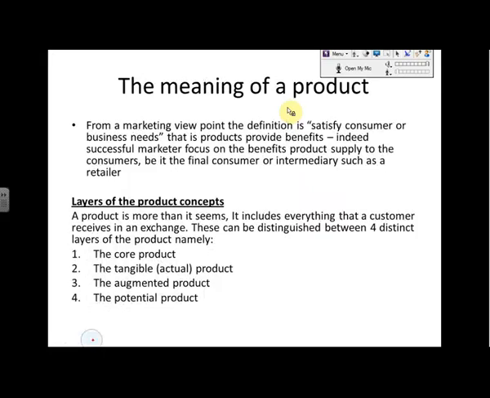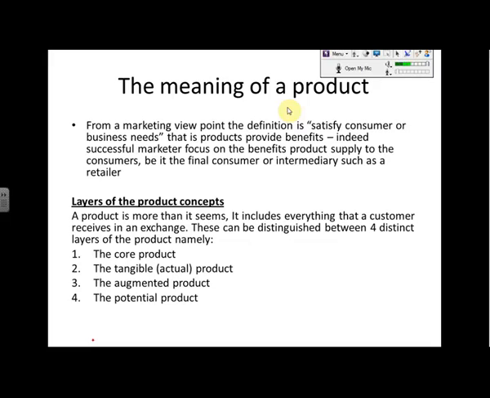What is the meaning of a product? From a marketing point of view, the definition is that a product must be something, an offering that satisfies consumer or business needs.